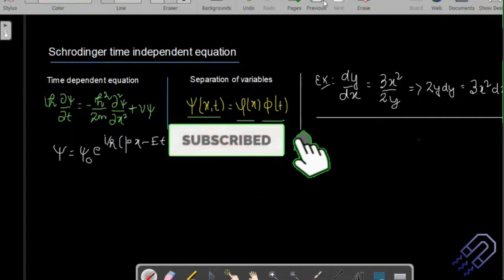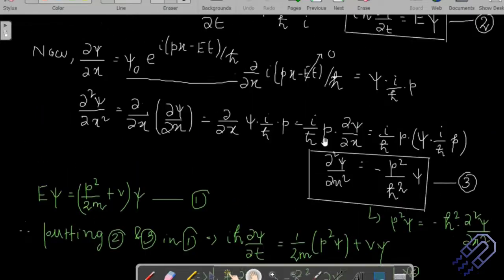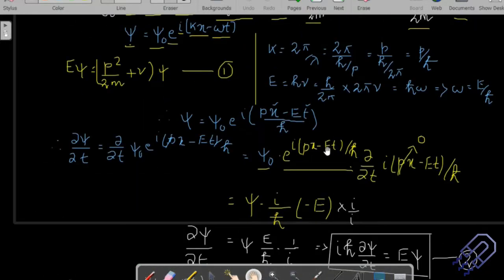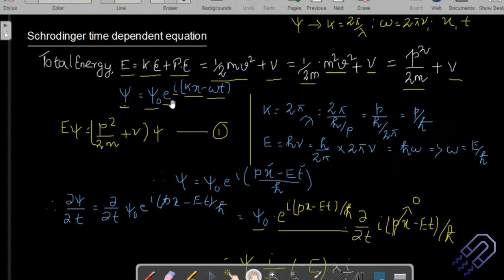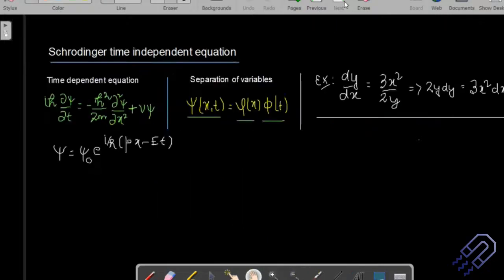We have derived this relation in the last lecture, and you can check it here. Usually we start with the basic expression psi equals e to the power i(kx minus omega t), and after doing all the changes we can write it as i by h cross (px minus Et).